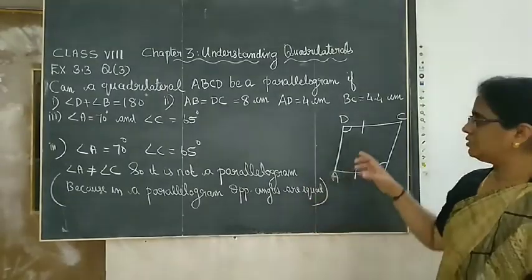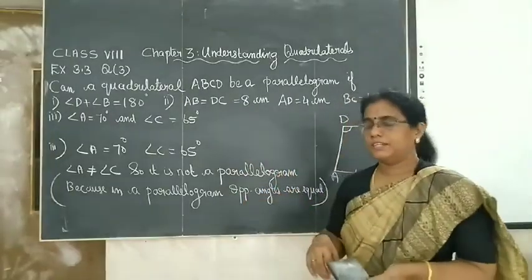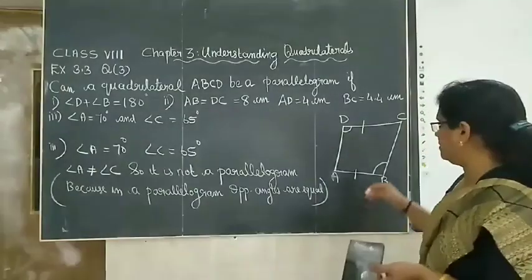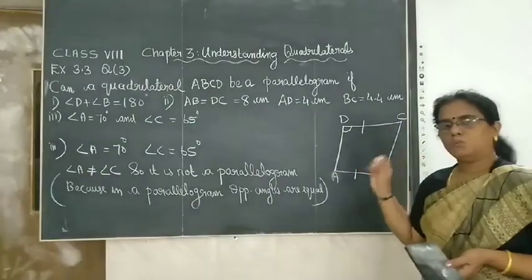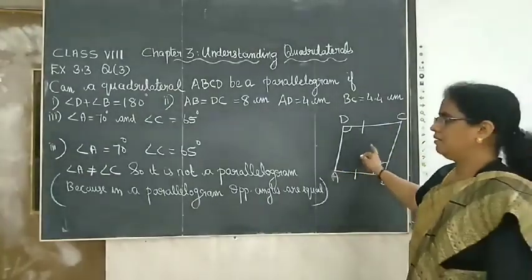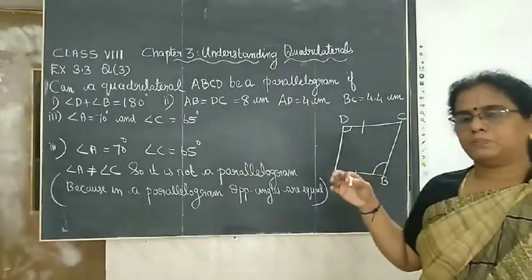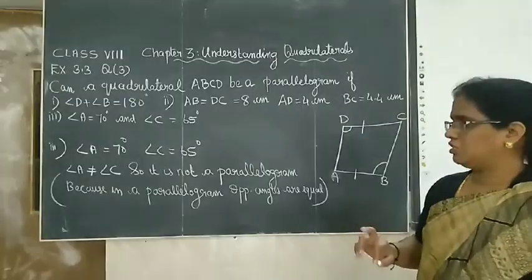Now the third part. Angle A equals 70 degrees, angle C equals 65 degrees. Here you can see angle A and angle C are opposite angles of the given figure. So, by the properties of the parallelogram, opposite angles should be equal.